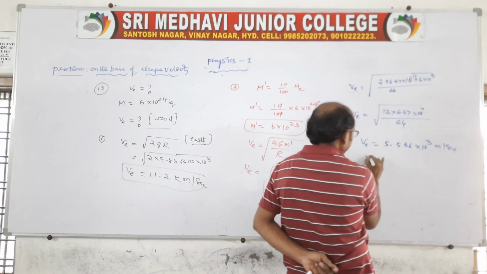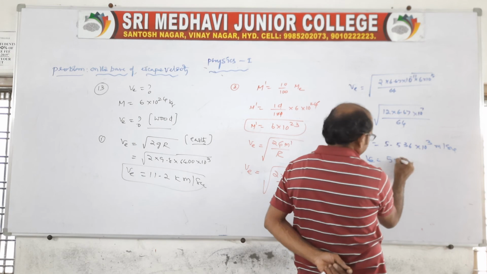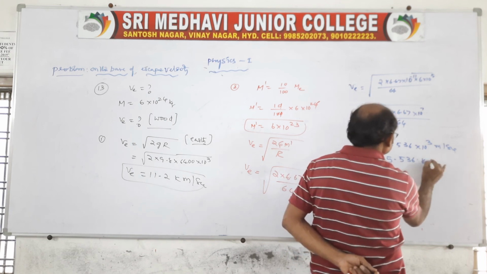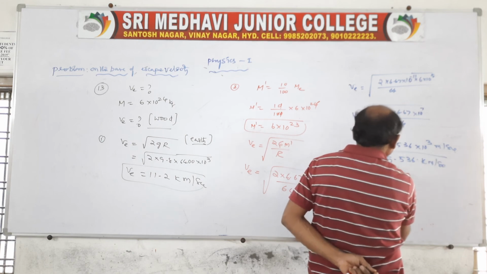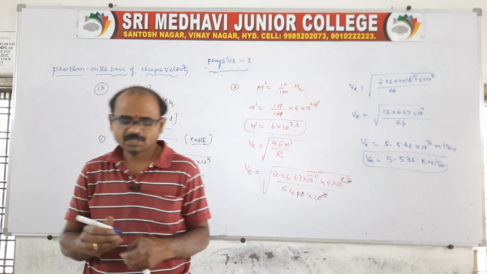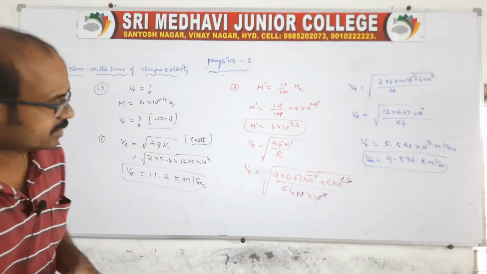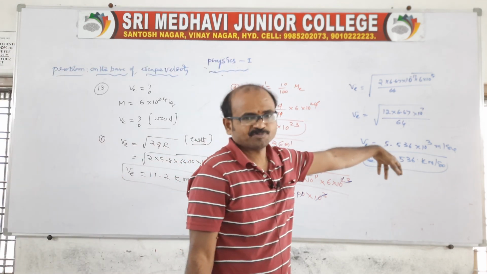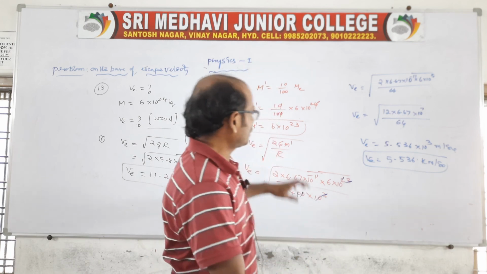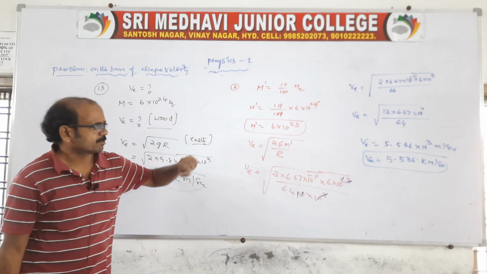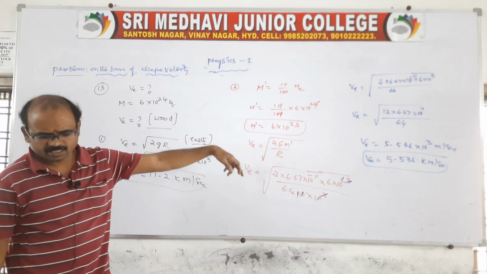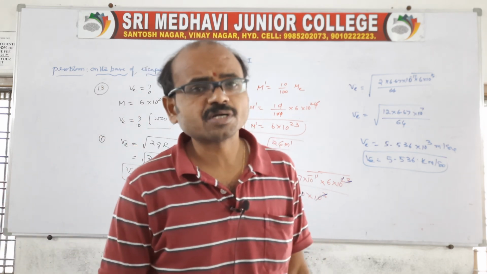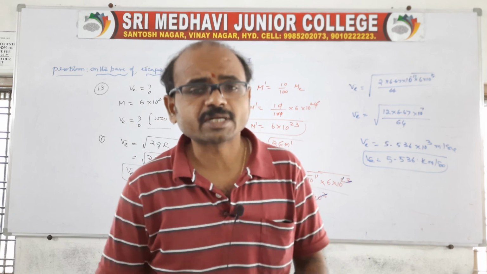In kilometers, it is 3.536 kilometers per second. If the Earth is made of wood, the escape speed is reduced, because it depends on the mass of the planet. The mass is reduced, therefore the escape velocity also reduces, because it is directly proportional to mass and inversely proportional to radius.